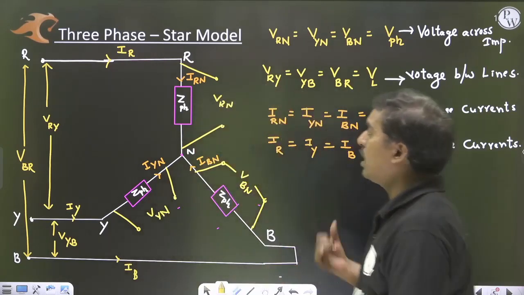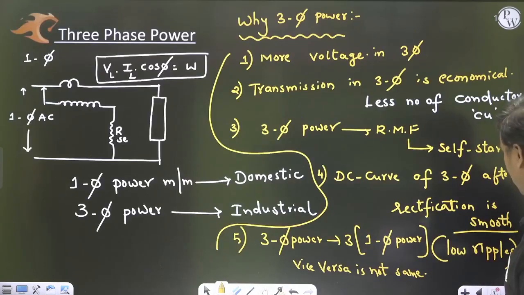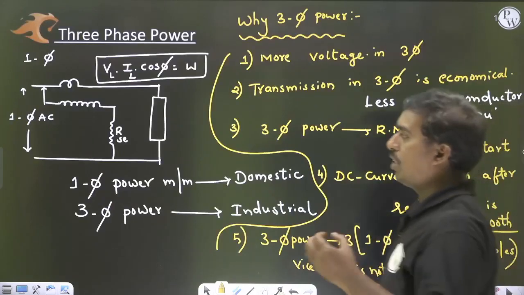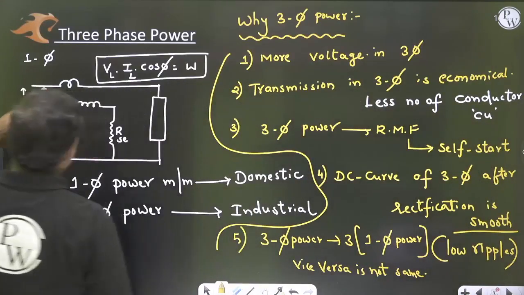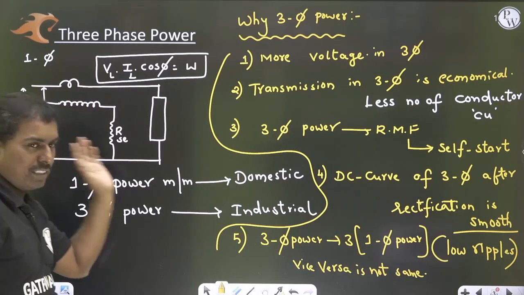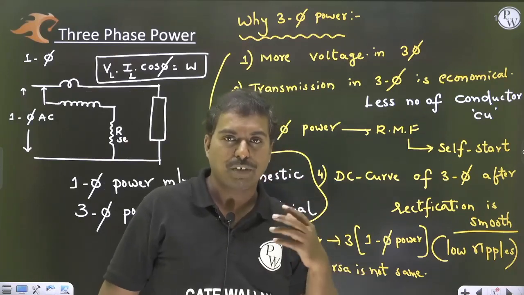Before entering into the next content, let me brief what we have discussed till now. We started with what is three-phase power. This is a single phase AC power, and to measure single phase power, one wattmeter is required. But why are you going for three-phase?